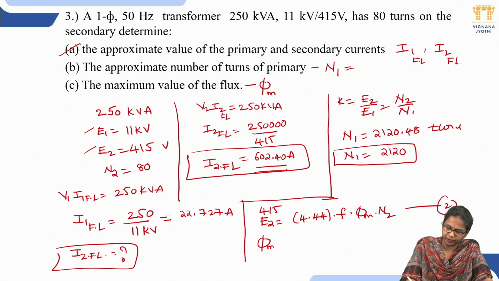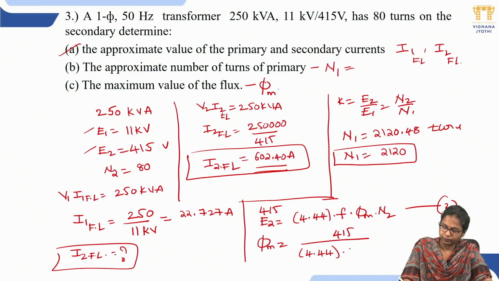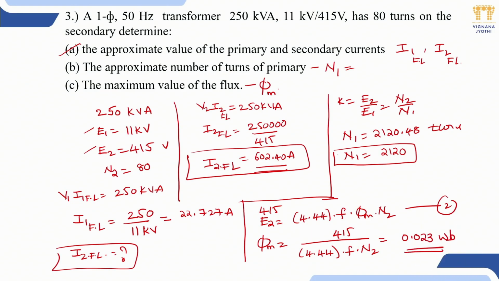So flux is equal to 415 divided by 4.44 into 50 into 80, which will be getting around 0.023 Weber. This is how we can calculate, and this is how we can have various varieties of problems using this EMF equation of transformer.